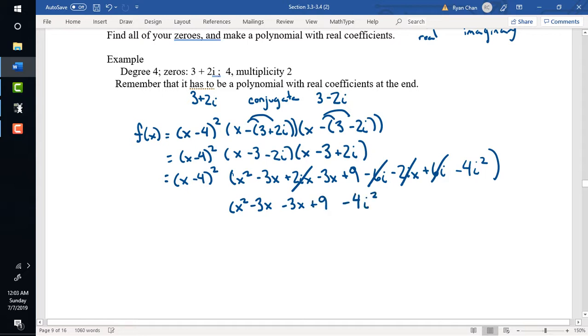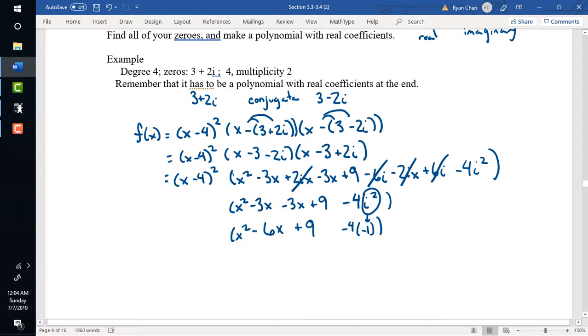Okay, so the thing I also have to realize is remember i squared, according to complex number rules, is -1. Let me just combine my x's.